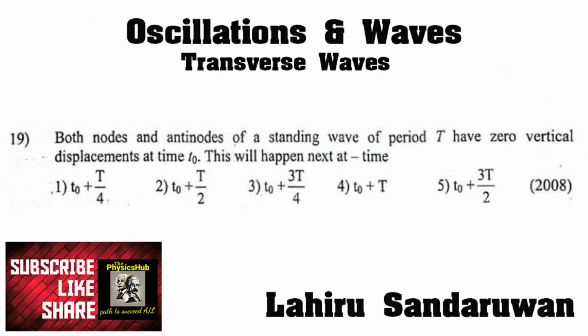Both nodes and antinodes of a standing wave of period T have 0 vertical displacement at time t equals t0. This will happen at the next time.